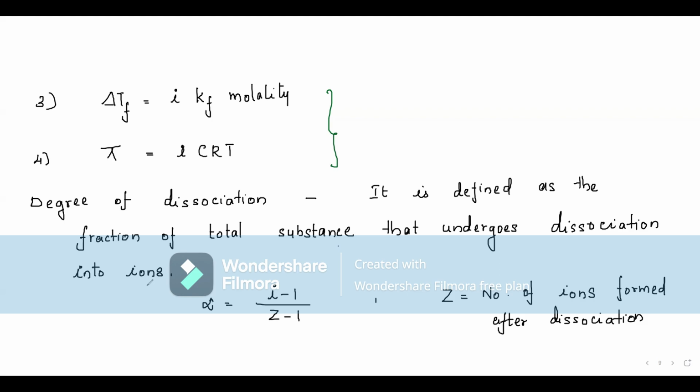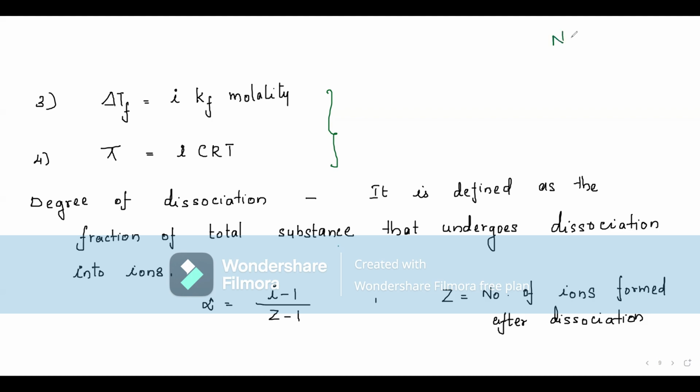Once again, it's not compulsory for 100% dissociation to happen. So from the given sample, what percentage of the solute is undergoing dissociation? That is calculated using the formula alpha is equal to I minus 1 by Z minus 1. I, Van Hoff factor, and Z is the number of ions formed after dissociation.